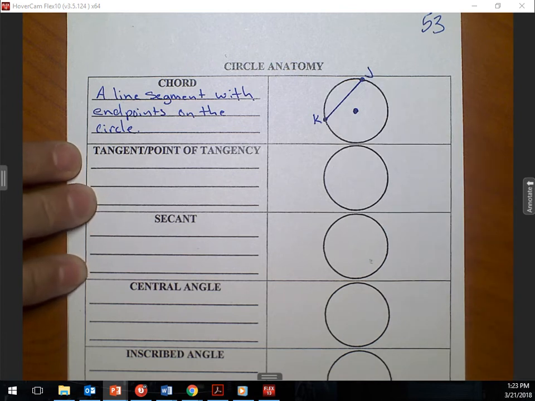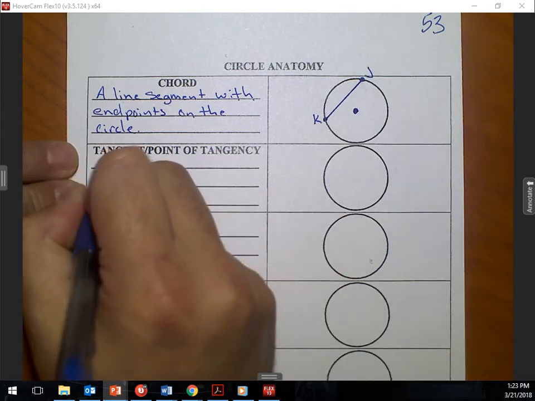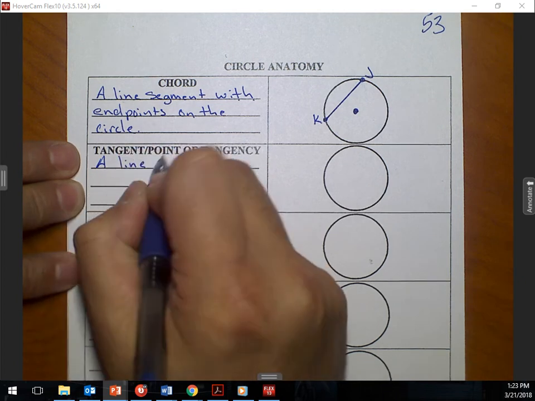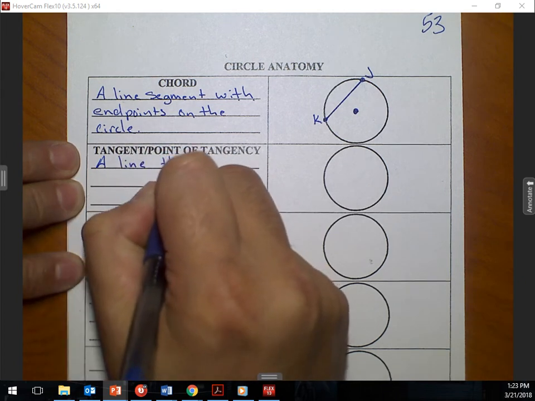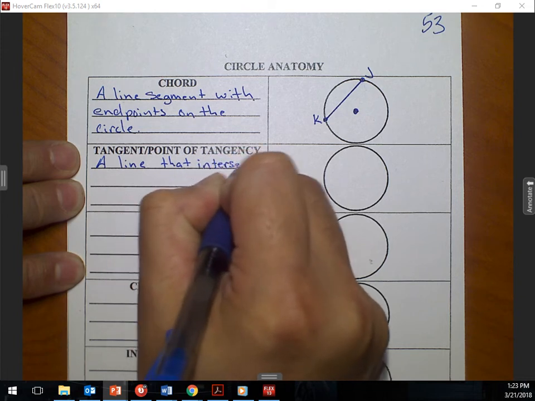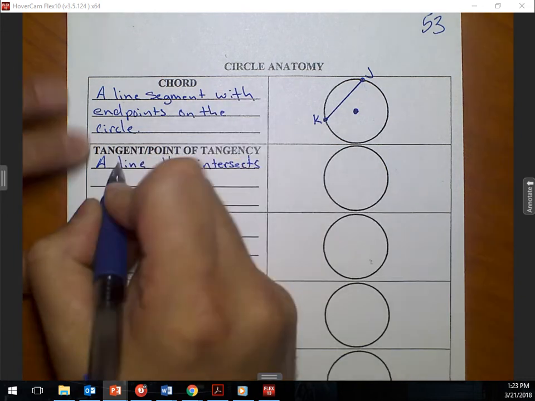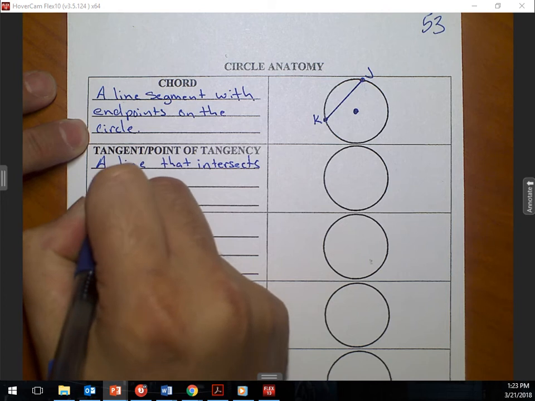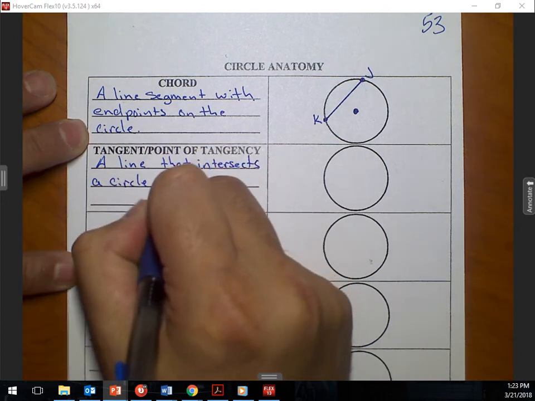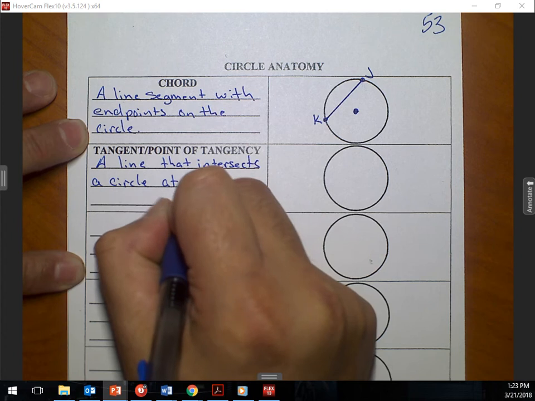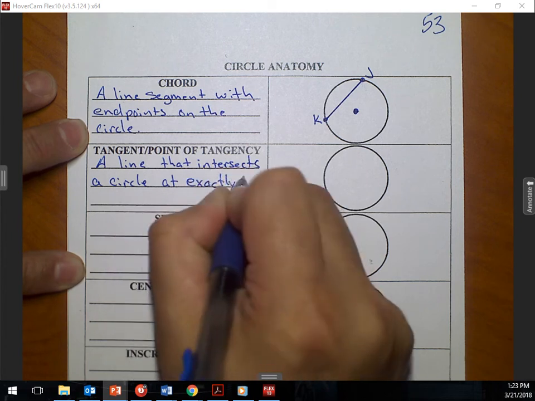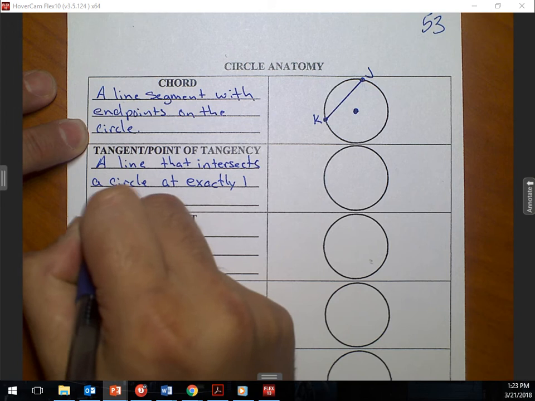Next one is tangent. A tangent is a line that intersects a circle at exactly one point.